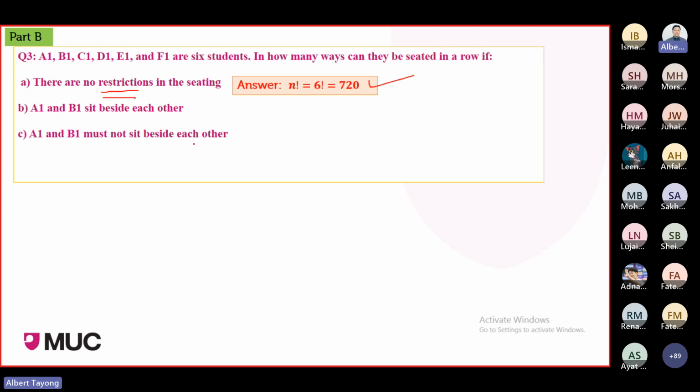So the first thing that we're going to do is A1 and B1 will become one group. Okay, and next is C1. So this is the first group, because they have to sit beside each other.